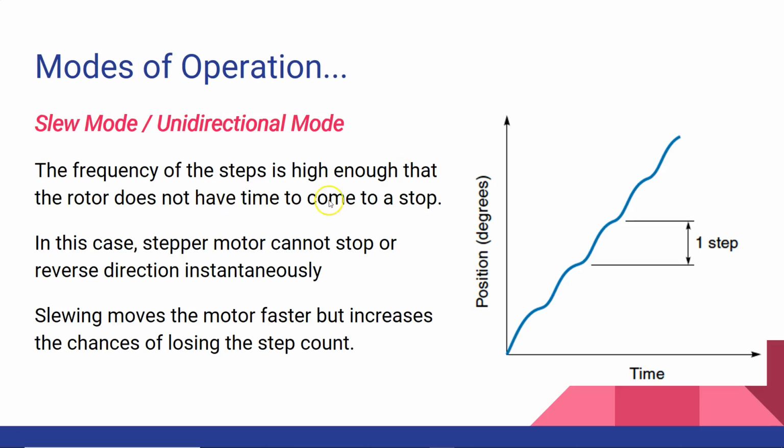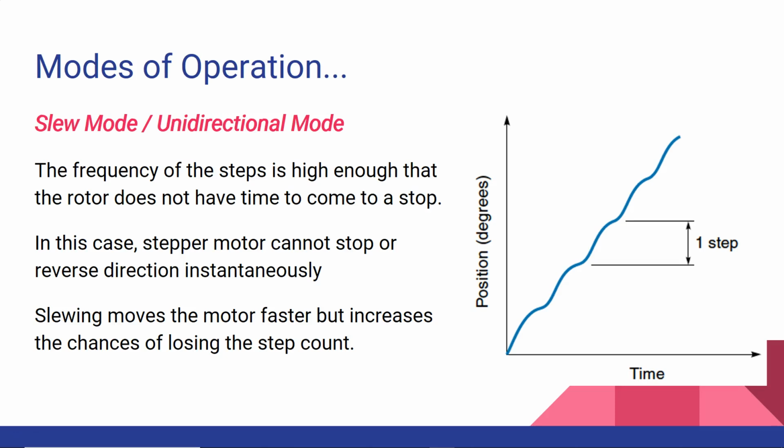In slew mode, the stepper motor cannot stop or reverse direction instantaneously when compared with the previous mode. If the stepper motor is made to stop in this mode, or if it is reversed, then the rotational inertia of the motor would most likely carry the rotor a few steps ahead before coming to rest. So in this mode, the step count integrity will be lost.